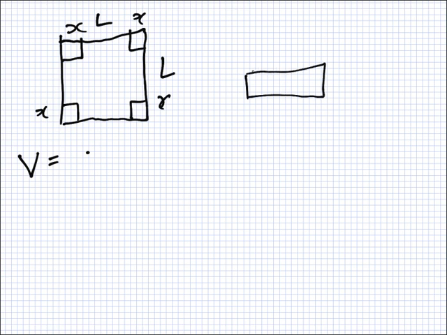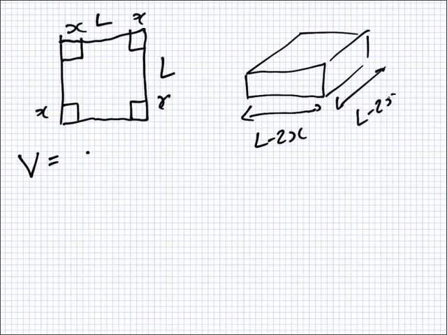It'll be a little easier if I draw the box in 3 dimensions after I fold it. How big is this side? L minus 2x. L minus 2x. And then this side? Same. And this? No. x. Little x tab. Fold it up. Can you visualize that?